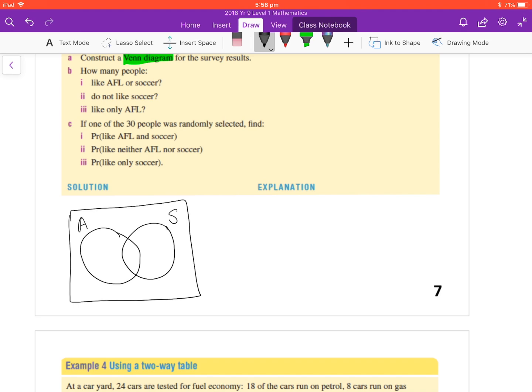Great. The one you should always put in first is your intersection, so where the overlap is. How many people like both AFL and soccer? Well, there are 7 people that like AFL and soccer. They've also told us that 4 people like neither sport, and they go outside of the circle, hence why the 4 is not part of either of the circles.